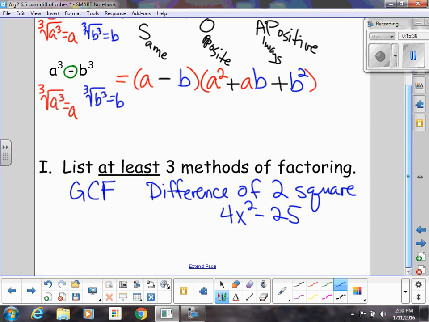And then we also had our plain old trinomial: what two numbers multiply to give me 4 and add to give me 5. So that's your trinomial.